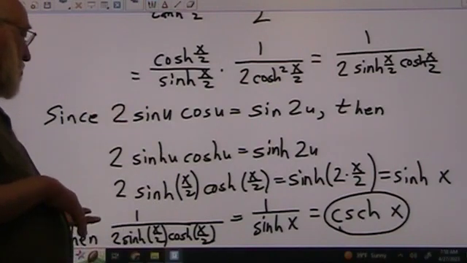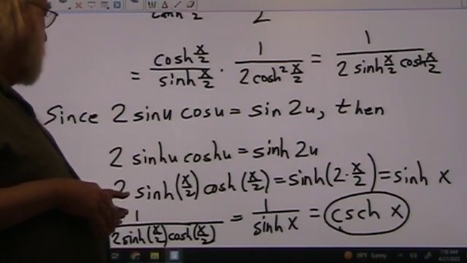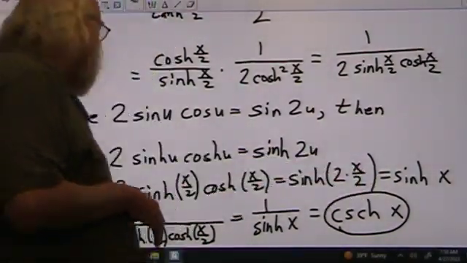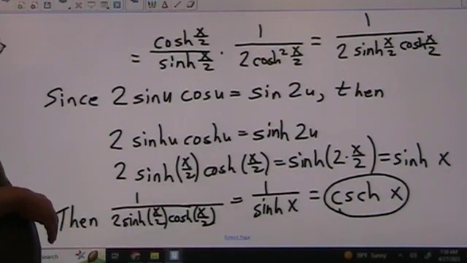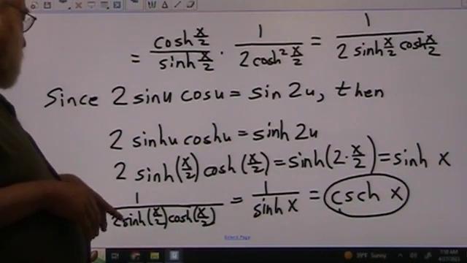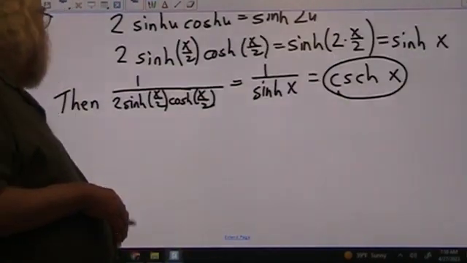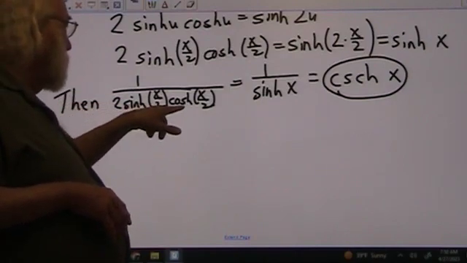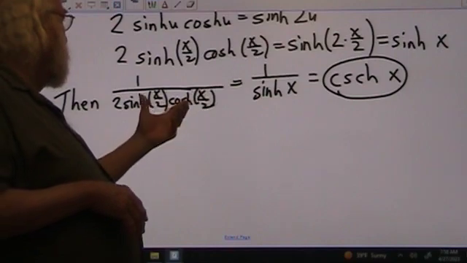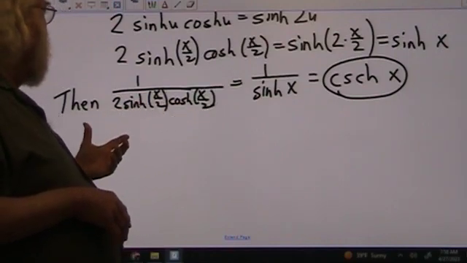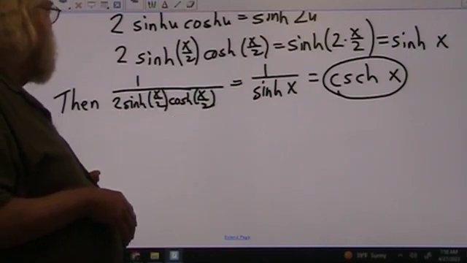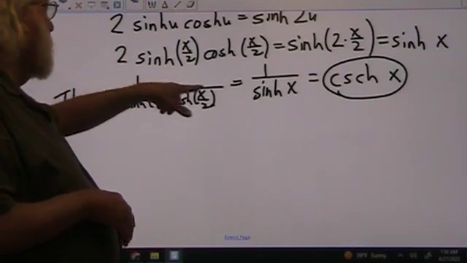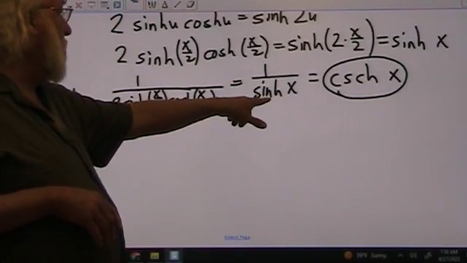Replace u with x over 2, and we end up with x for the hyperbolic sine of x, and plug all this in, and we get 1 over sinh of x over 2 cosh of x over 2, which according to what we just did up there gives us sinh of x.